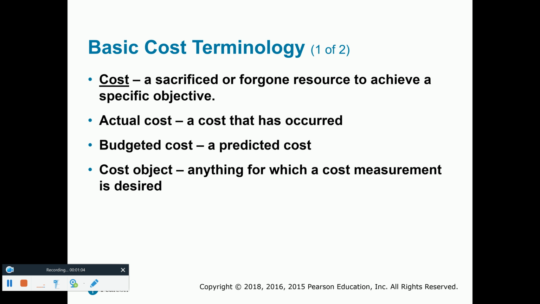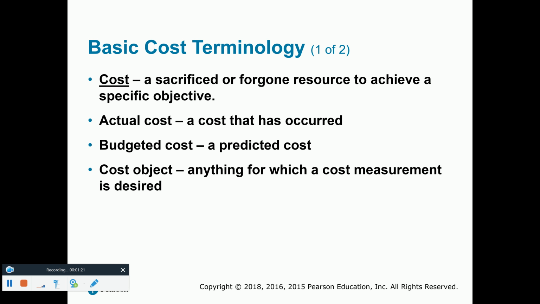Opportunity cost basically means the benefit given up because we chose one alternative over another. So a cost could be a sacrifice, or it could be an actual foregone resource, meaning a cash outflow. An actual cost, meaning actual cash outflow. A budgeted cost is what we predict for the future.